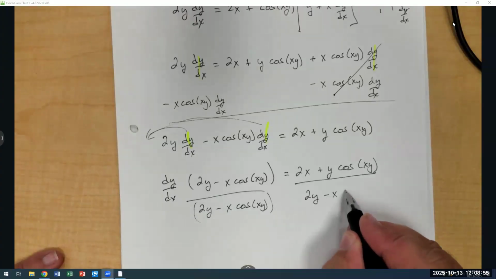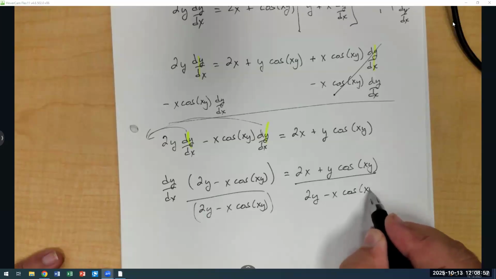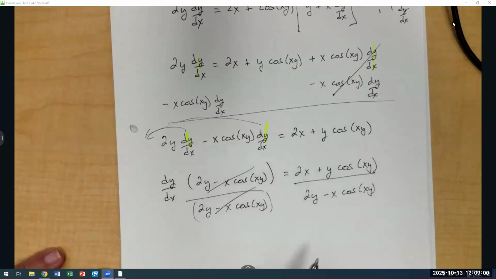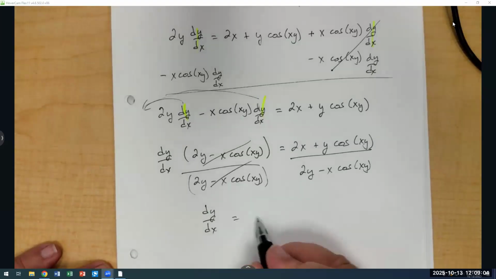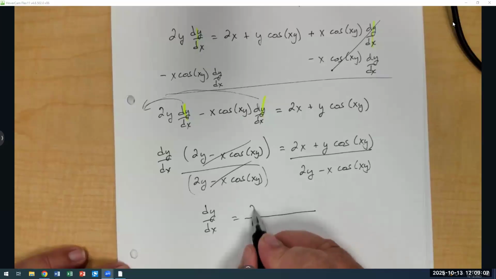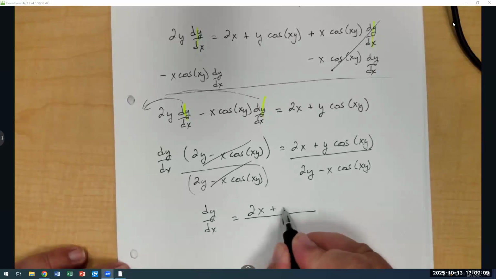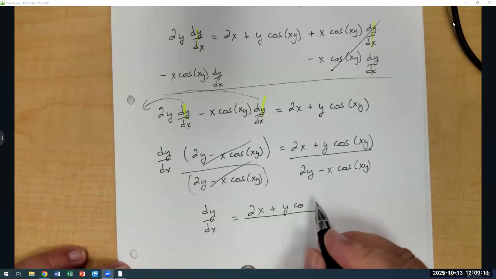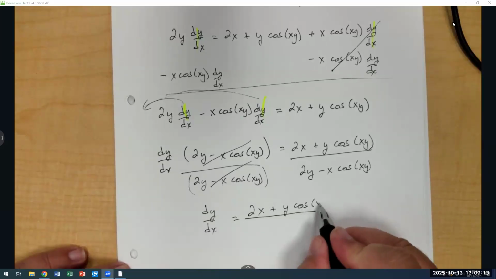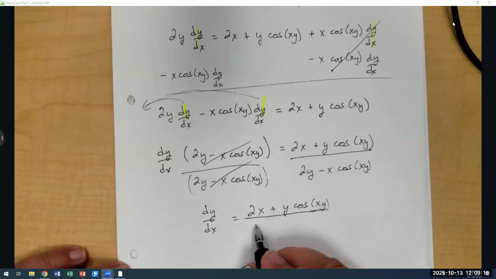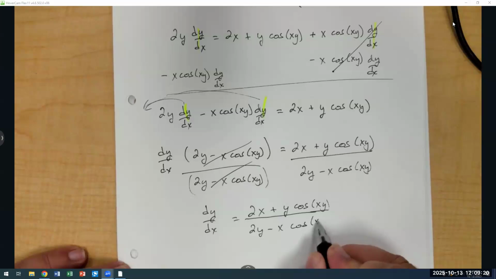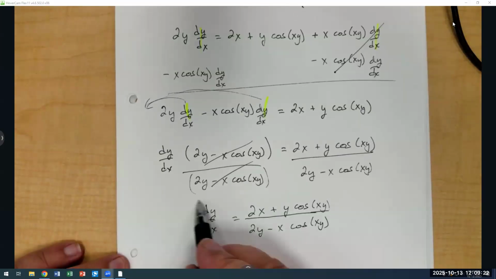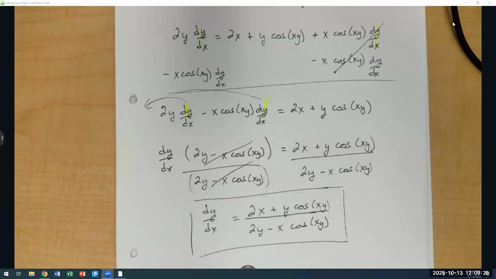Two y minus x cosine xy. And there's your solution.